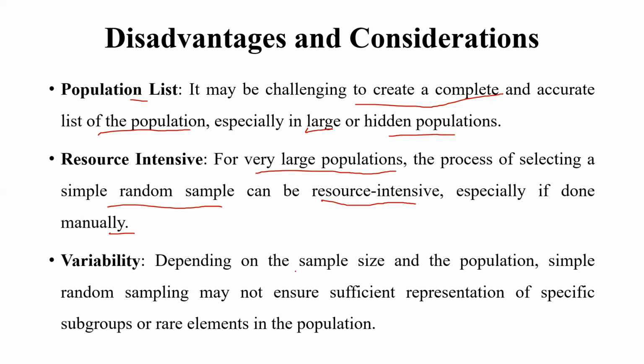Variability: depending on the sample size and the population, simple random sampling may not ensure sufficient representation of specific subgroups or rare elements in the population.